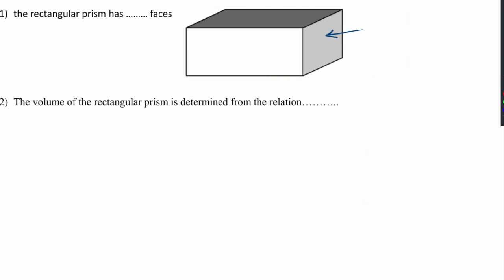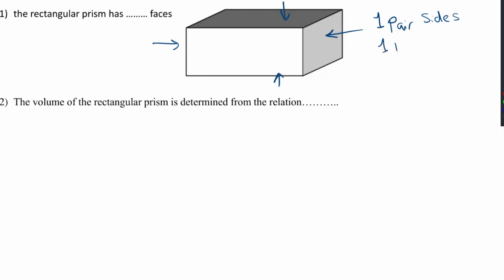1, 2. You can say the right side and the left side are a pair. So we have one pair of sides. Pair means two similar things, two similar faces. And one pair of top and bottom are the same.